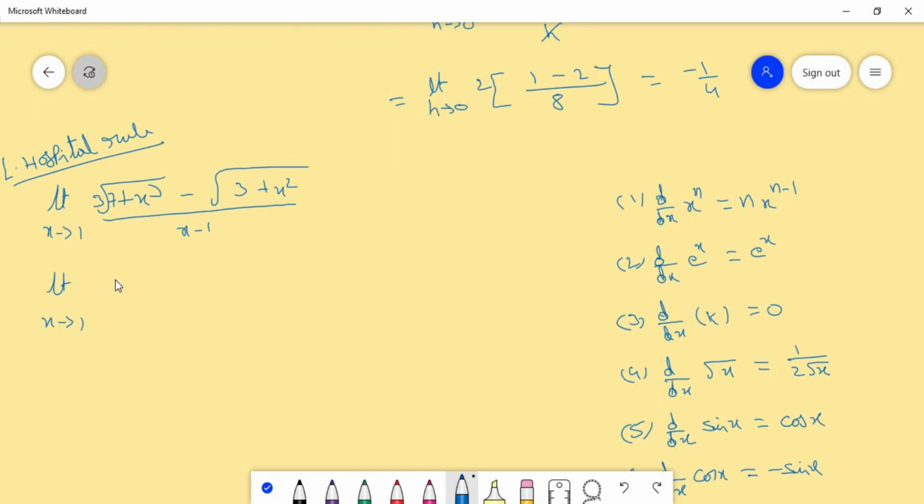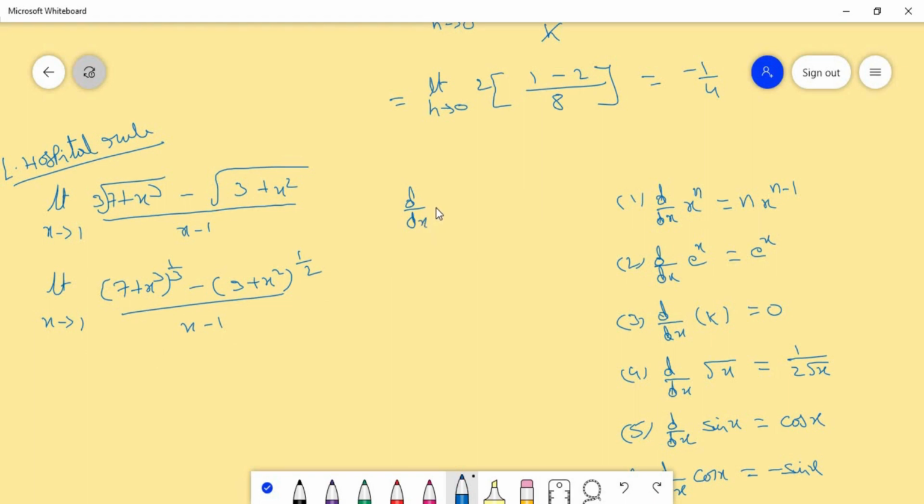It is 7 plus x cube whole power 1 by 3 minus 3 plus x square whole power 1 by 2, by x minus 1. Now, how to solve this one?